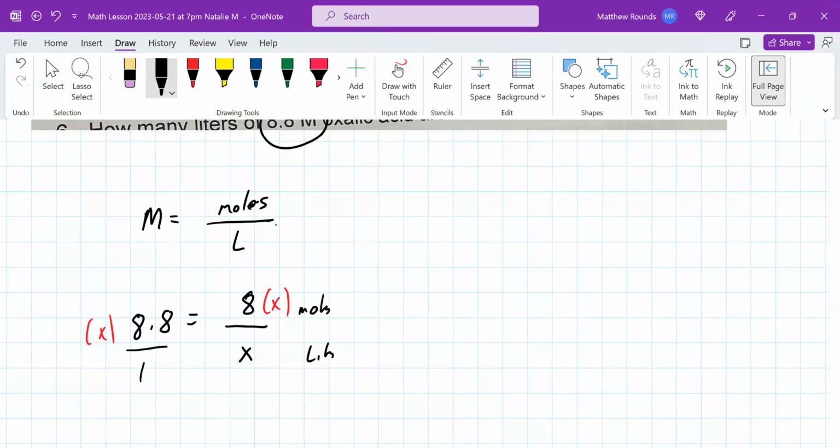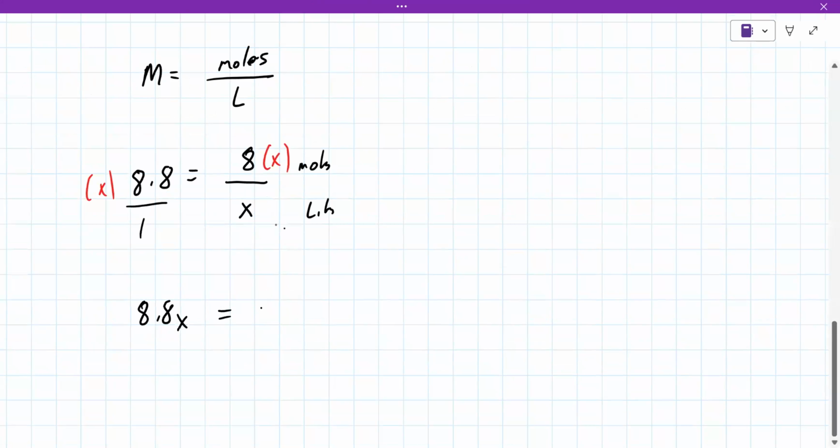So it ends up being 8.8x equals 8. Divide both sides by 8.8. So x equals a little bit less than 1. I'm really hoping that is the answer, and it is, thank goodness. Okay, we'll make a little progress on this sheet, and go back to the other ones.